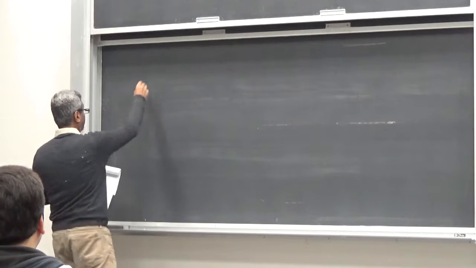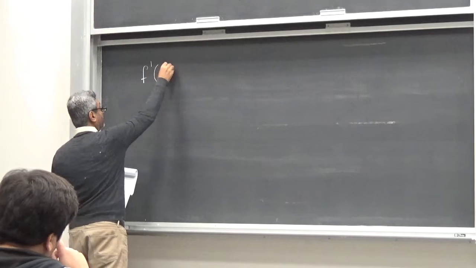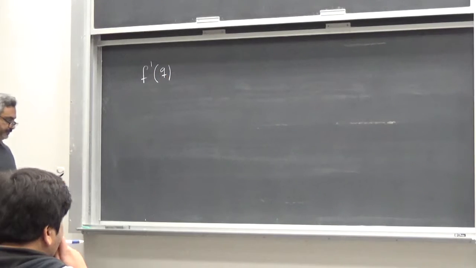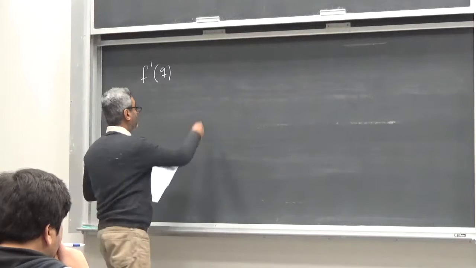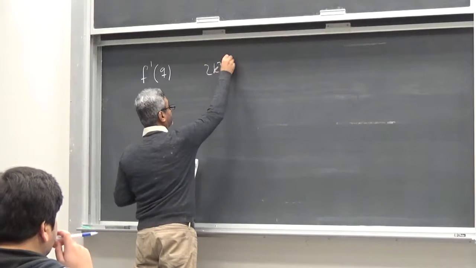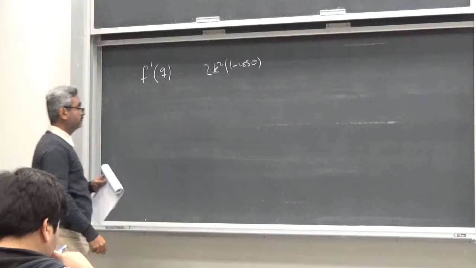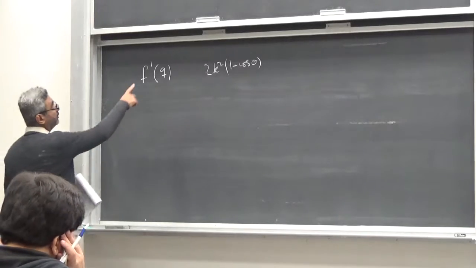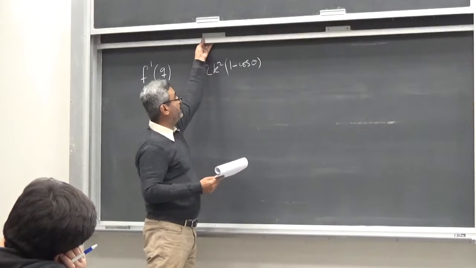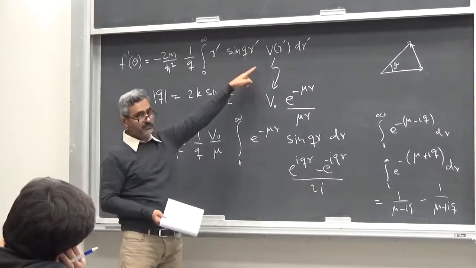Okay, so f1 of q, f1 is a function of q only, right? And it depends on theta through q and only through this variable. You can choose it to be real. If you look at the formula, we have put it in a form where it is real.